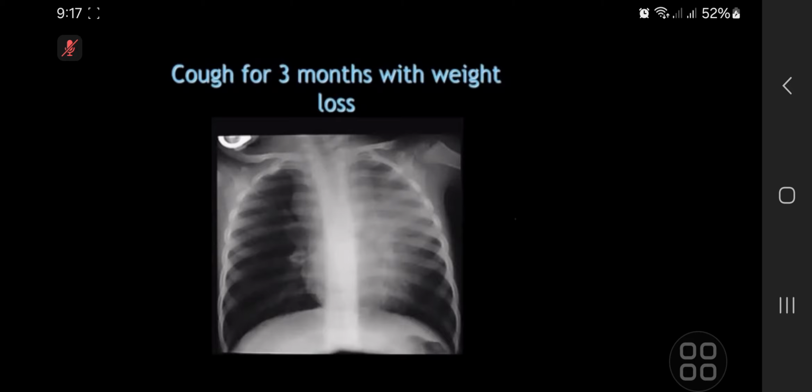Sure. I'm presented with a chest radiograph of a pediatric patient with a 3-month history of weight loss. First thing to note is there is some patchy opacification in the left upper to mid zone. There's obscuration of the left heart border.